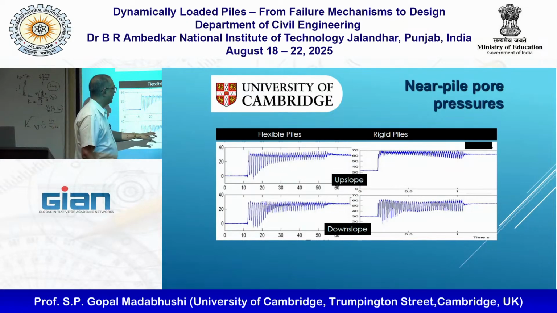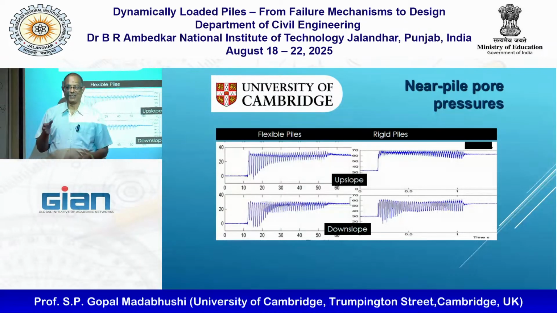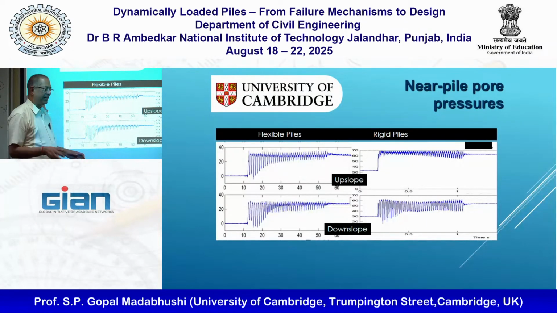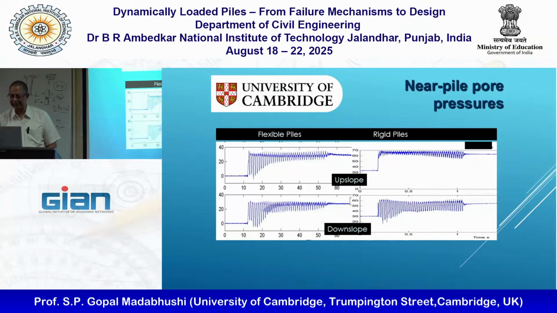So this is why, even for a rigid pile, downslope, I'm getting all the oscillations. Upslope, obviously, will be similar, but downslope also, even if the pile is rigid, it will go. So that is the explanation for why these are measured like that.